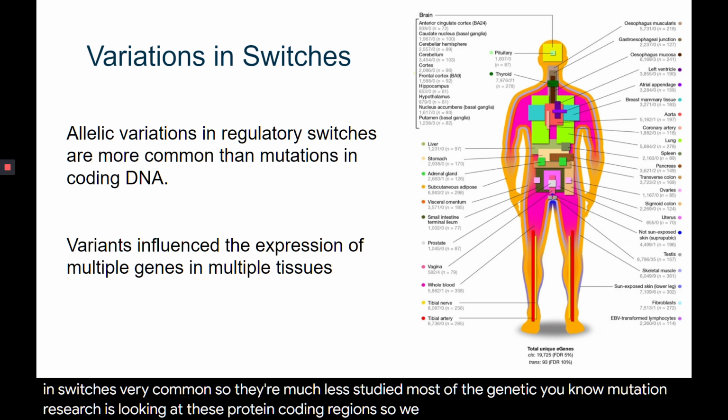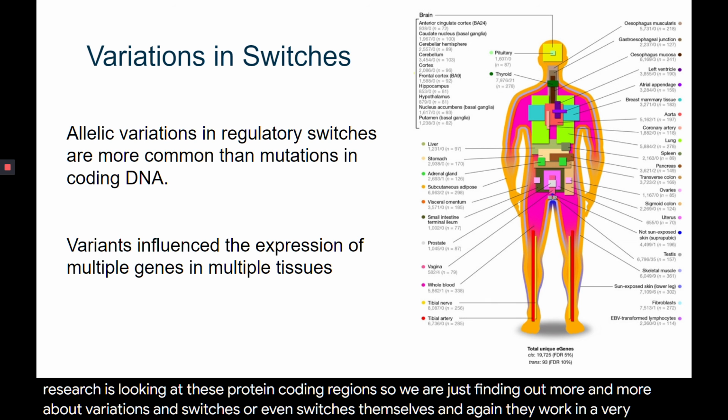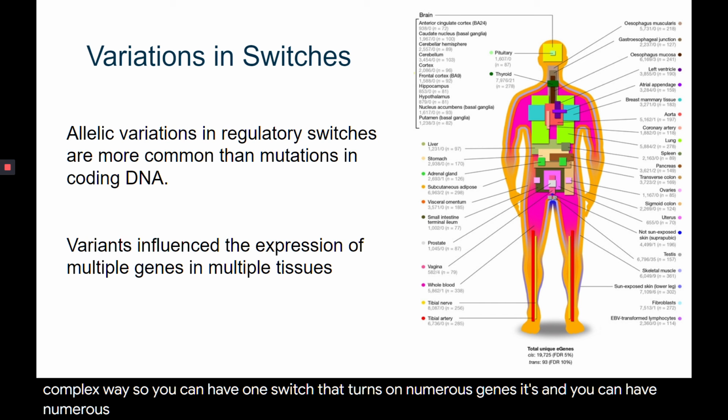So we are just finding out more and more about variations in switches, or even switches themselves. And again, they work in a very complex way. So you can have one switch that turns on numerous genes, and you can have numerous switches that turn on one gene. And they are not necessarily close or linked in the same chromosome, actually.